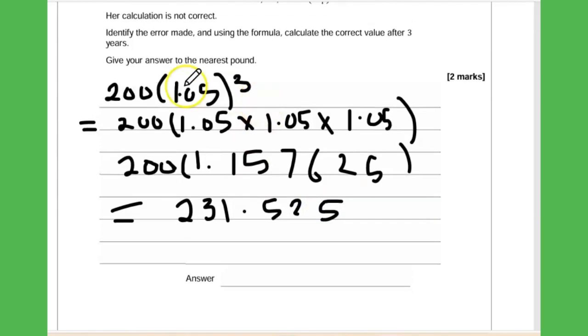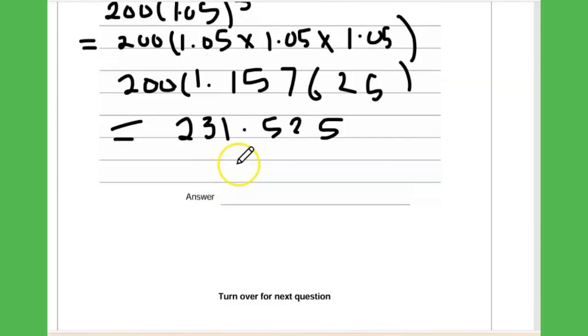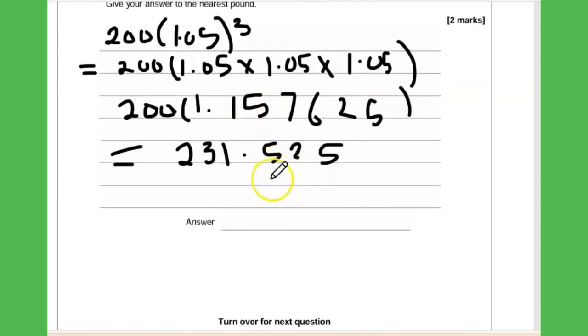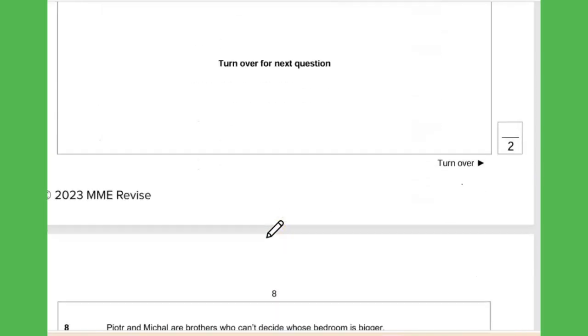So the question says give your answer to the nearest pound. We write this to the nearest pound. Let's forget about any other fraction. So this can be approximated, and this here becomes 2. So it's going to be 232 pounds. That's what we're supposed to have.